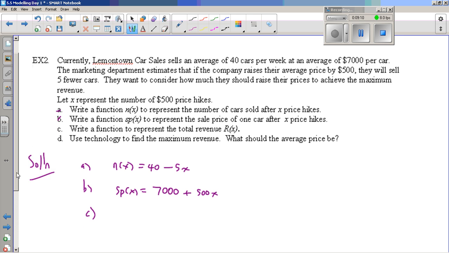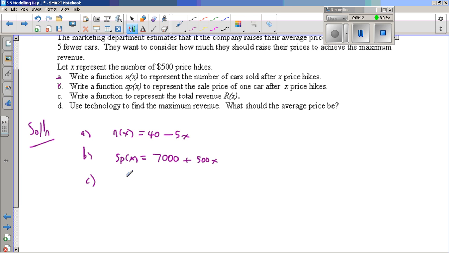Well, remember, revenue, they're business folks, revenue is just a number times the sale price. Is this the composition? No, this is a simple product, right? So if I say R at X is just the product of these two functions, right?